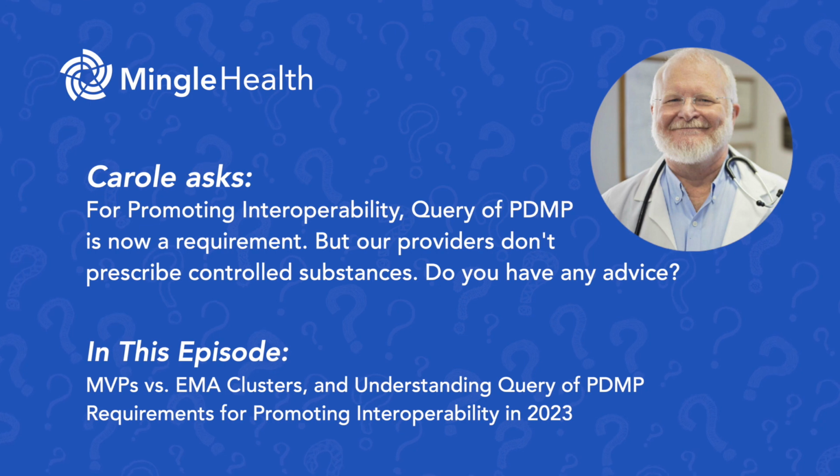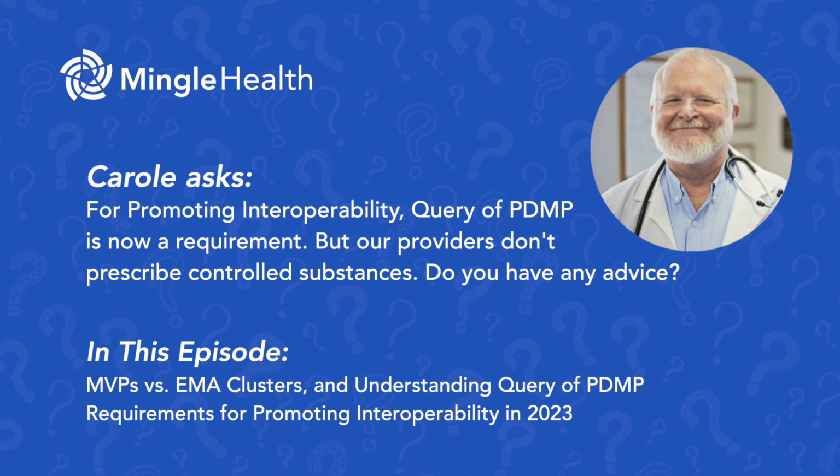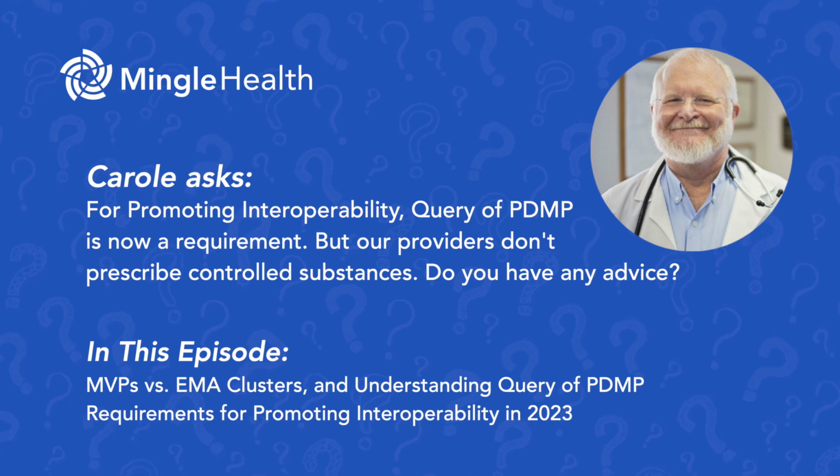Procedures for accessing the program can vary from state to state and can include phone inquiries, direct web-based login and query, integration directly between the PDMP and the EHR, integrations between the EHR and a national PDMP clearinghouse, and specific programs might accept logins from the prescribing provider or from the provider staff.